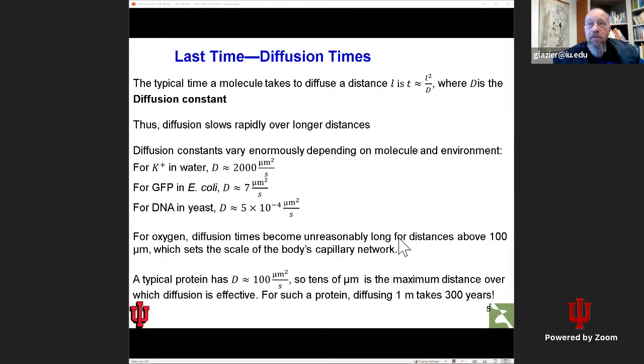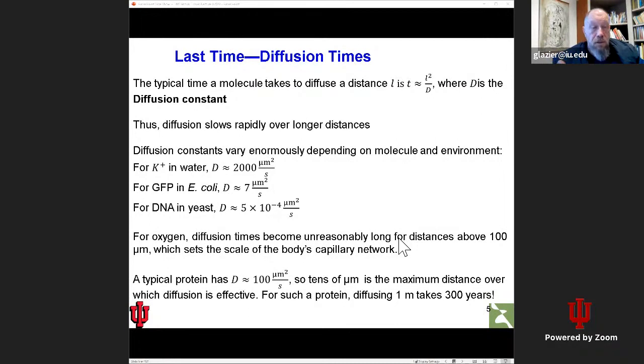We talked about diffusion time, and there was a comment that molecules can have very, very different diffusion constants, and that the diffusion constant determines how long a molecule takes to get from one place to another by diffusion.